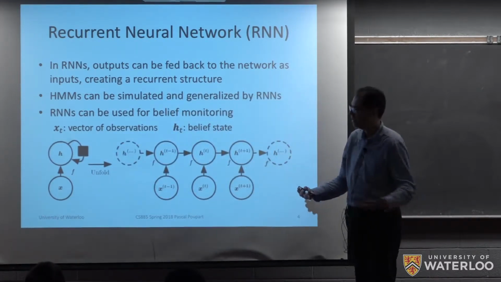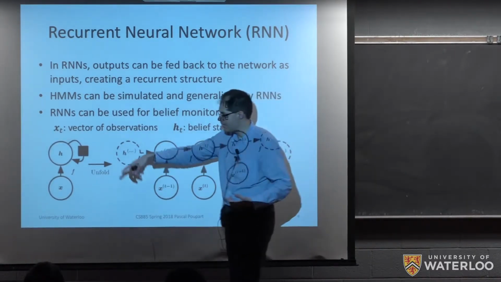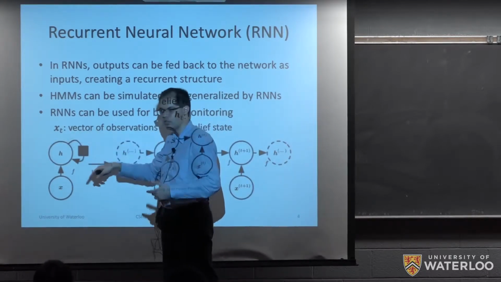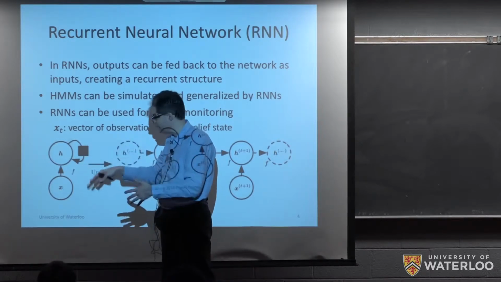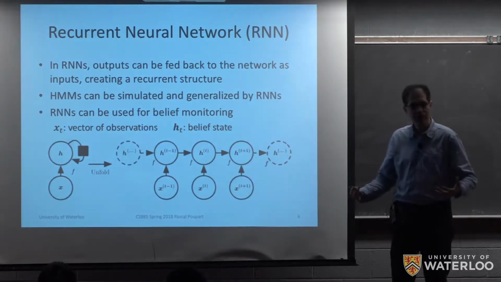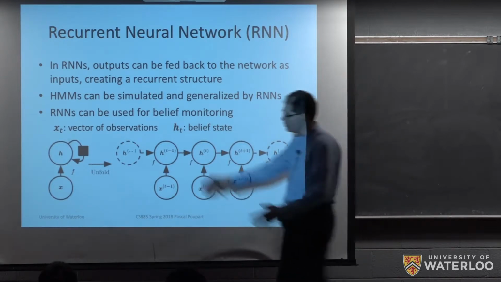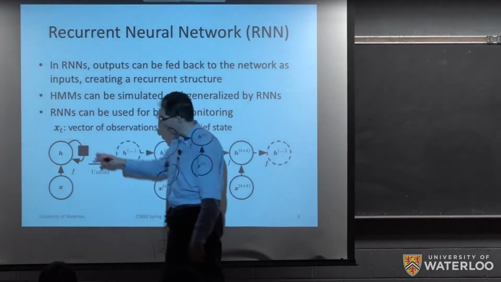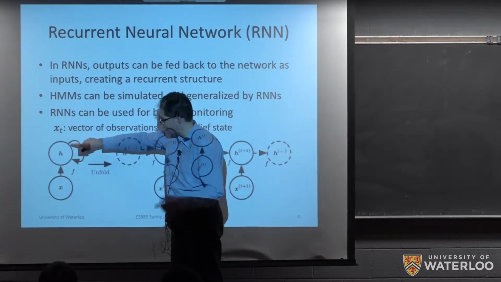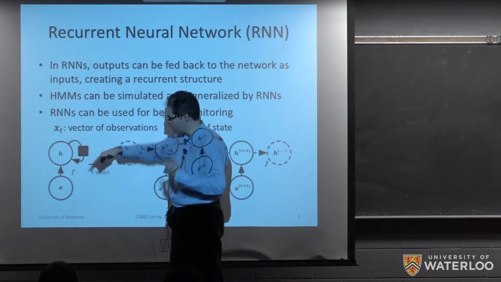This will have some very interesting properties. In particular, if I've got a sequence of observations, I could process these observations one at a time and always perform the same computation, which leads to a recurrent neural network. The easiest way of understanding recurrent neural networks is to unroll the recurrence. This black square indicates a link that takes the output and feeds it back as input, so it's a link across time steps.